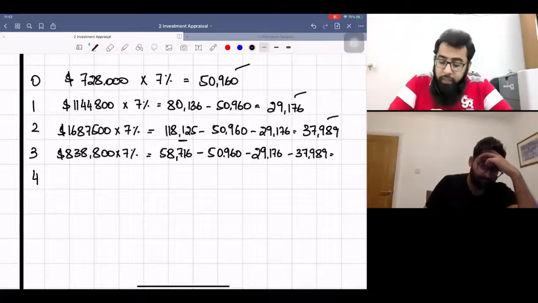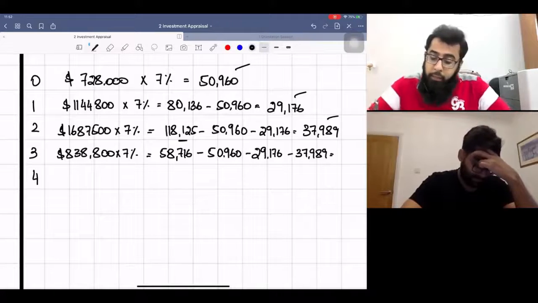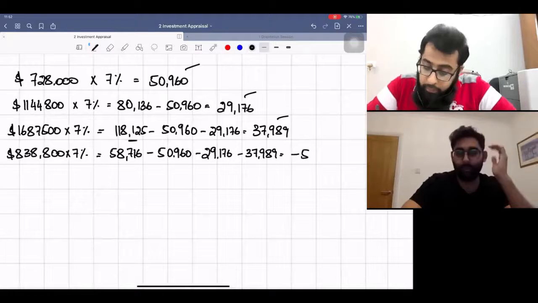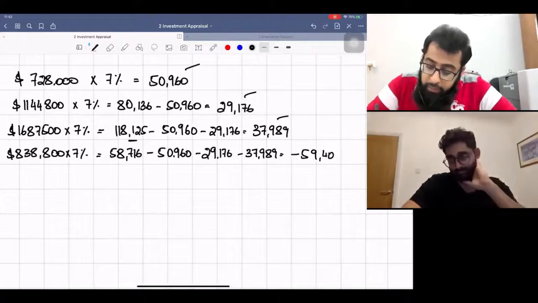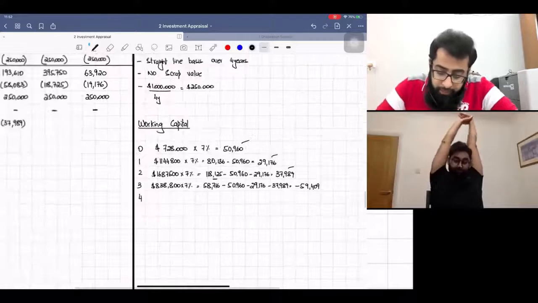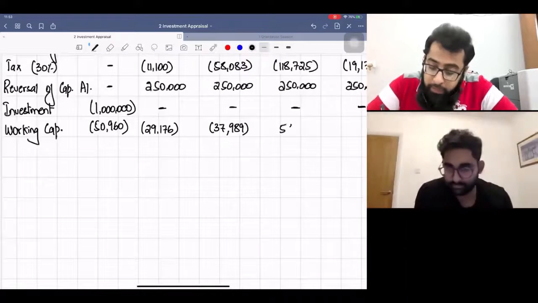So how much do I need to extract from working capital? 29176 minus 37989, so 59,409. Now this will be a recovery of working capital because as the sales are expected to decline, we will keep a lesser amount in working capital.